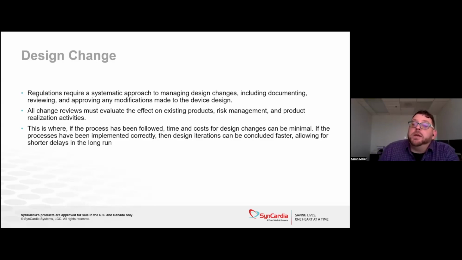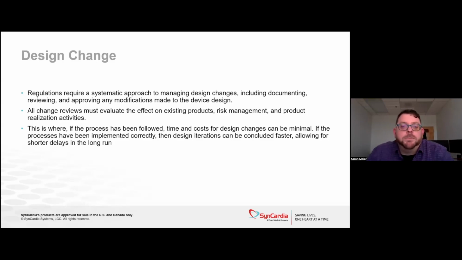Much like an initial design when you're doing it, right? It starts with a plan. What do I want to do in this design change? I need to fix this, add this feature, remove this bug. Okay, great. What requirements am I changing? That's my design inputs. Okay, go through my design phase. Was I able to remove that bug? Did I add that safety feature? Did I add that bell and whistle?